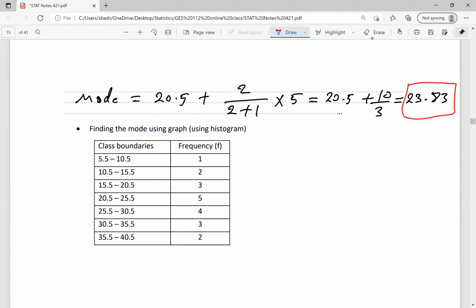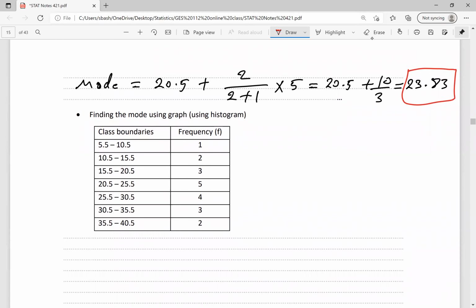There is another method to find the mode, or we can approximate the mode using the graph. To find the mode, we need to use the histogram.